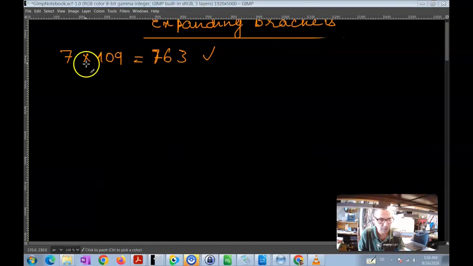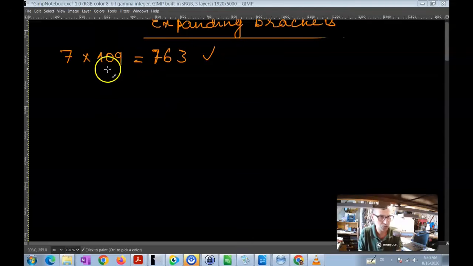You could say that 7 times 109, where 109 is 100 plus 9, means 7 times 100 plus 7 times 9. So 7 times 100 is 700, and 7 times 9 is 63. When you add them together, you get 700 plus 63, which is 763, right?